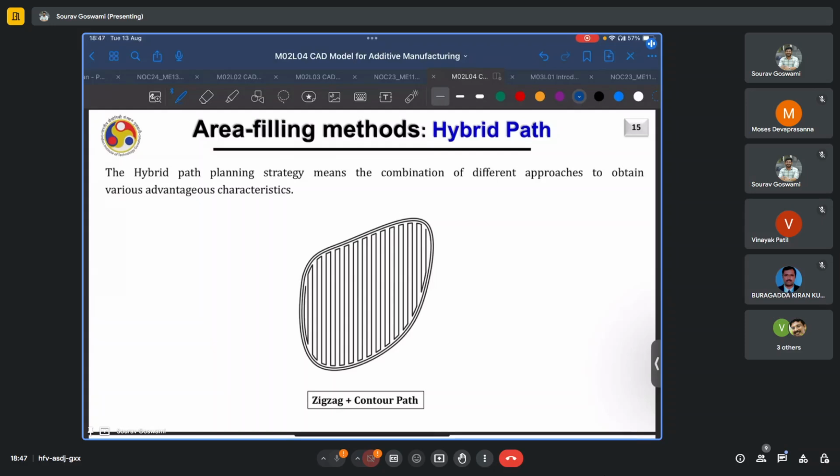And this is also perhaps what is most commonly implemented in commercial 3D printing software packages, where say for the inner and outer perimeter, you have a contour parallel toolpath, whereas for the interior, you have a zigzag.